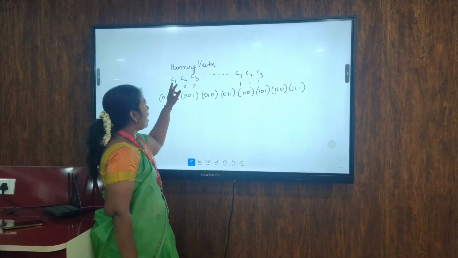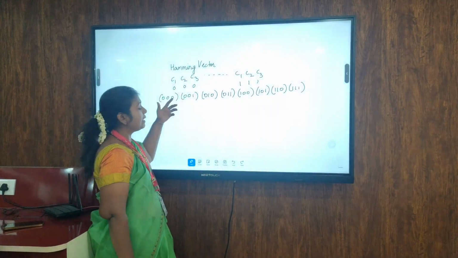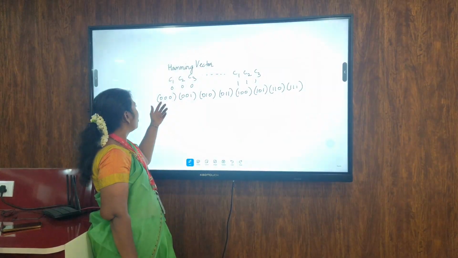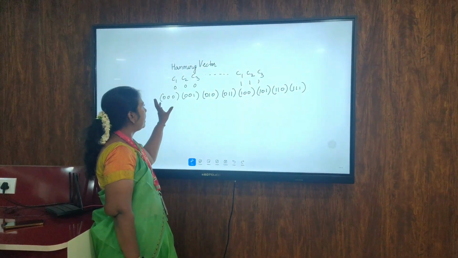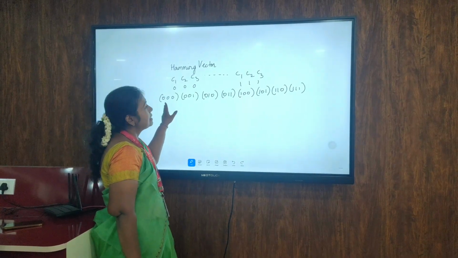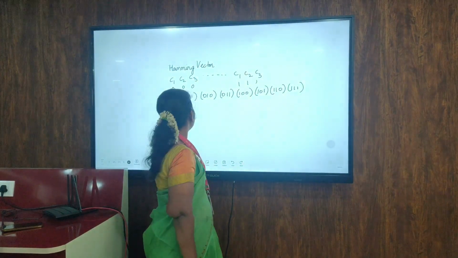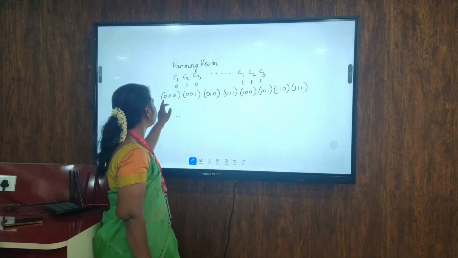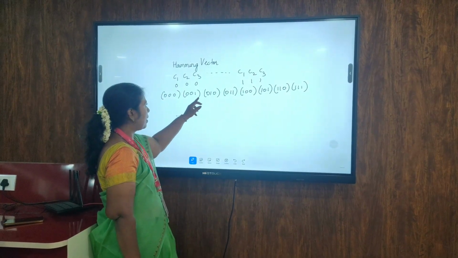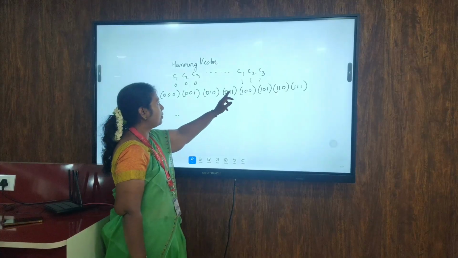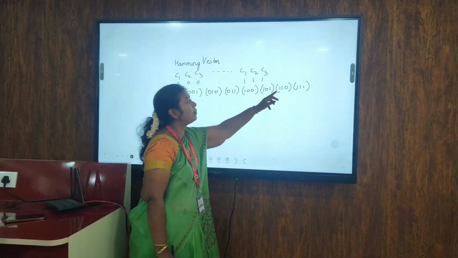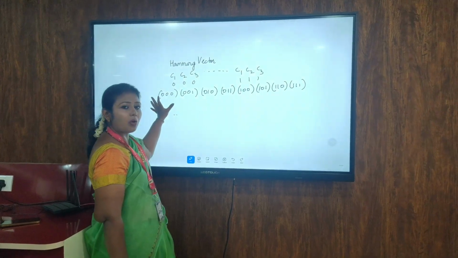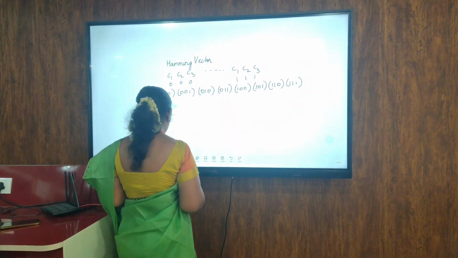Hamming vector is a combination. If we consider 3 bits in our data, the combination of zeros and ones forms 8 different combinations: 000, 001, 010, 011, 100, 101, 110, and 111. Now these codes are called Hamming vectors.